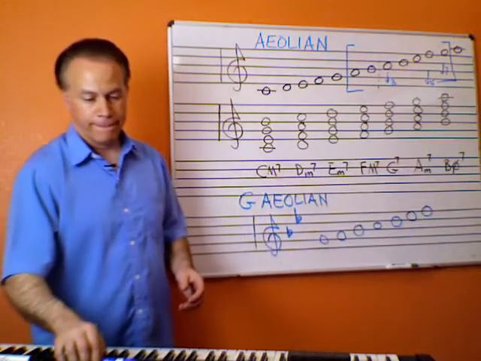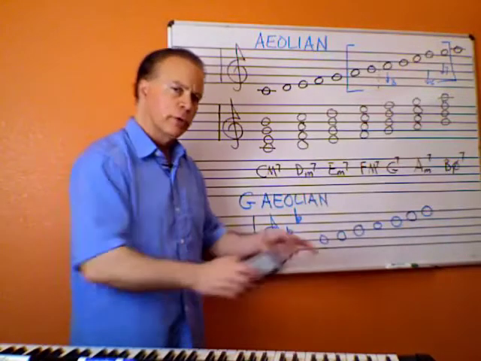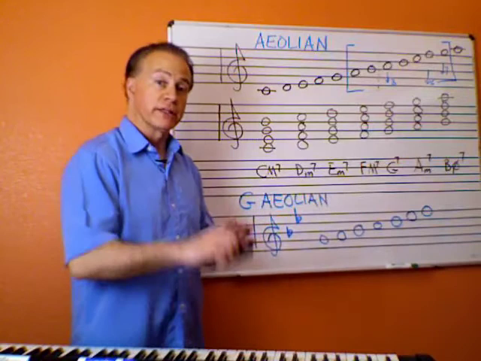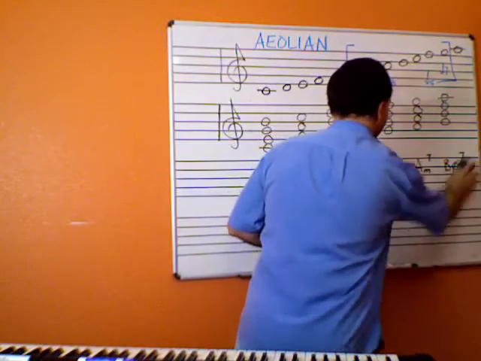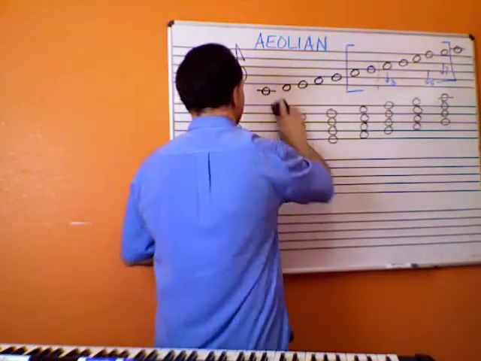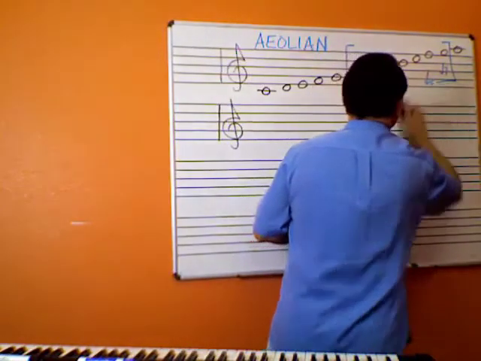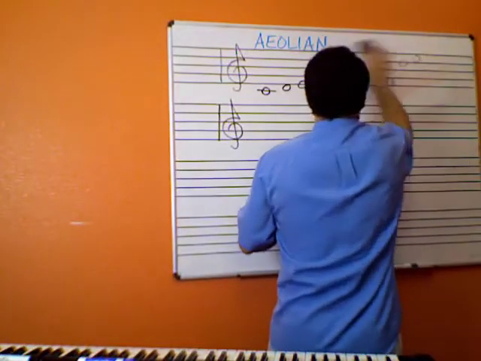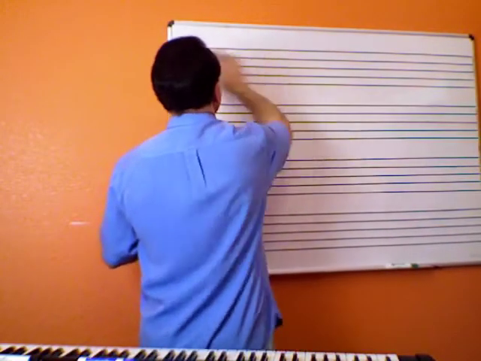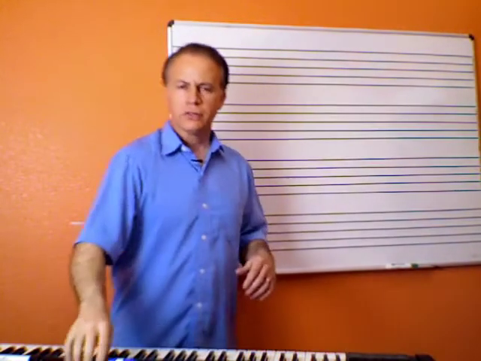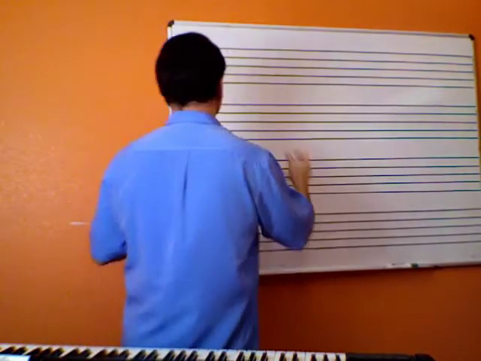Okay, all right, let's try one more thing. I'll put a chord progression up here, and we'll determine what the best mode choices would be. Let's say we've got a chord progression that looks something like this.